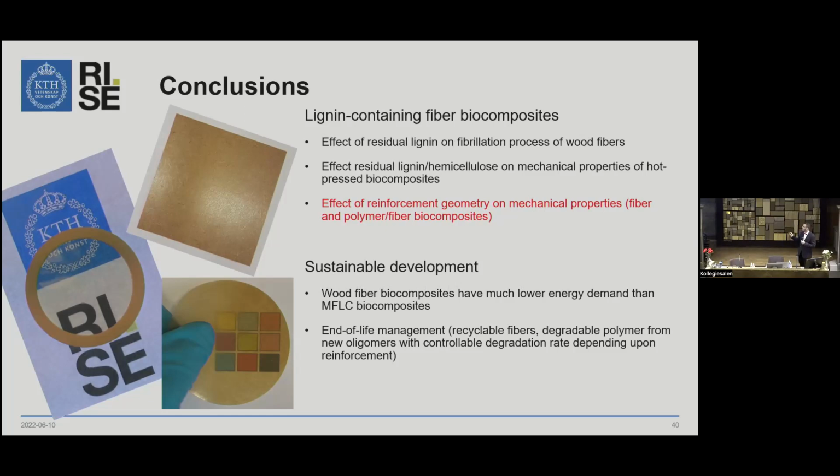And regarding sustainable development, we have shown that the wood fibers have much lower energy demand than MFLC biocomposites. And for the end-of-life management, we have showed different possibilities: recycling of wood fibers, degradation of polymer, and we can also tailor the degradation depending upon use of the different reinforcement geometries. And overall, these all improve the understanding for material design.